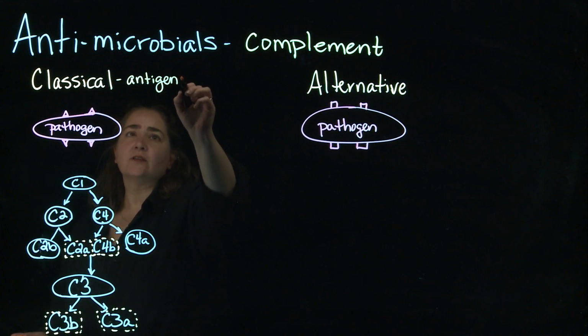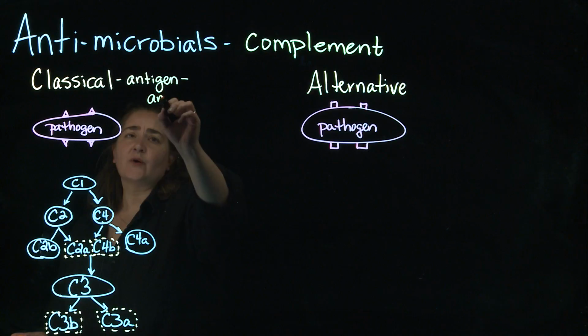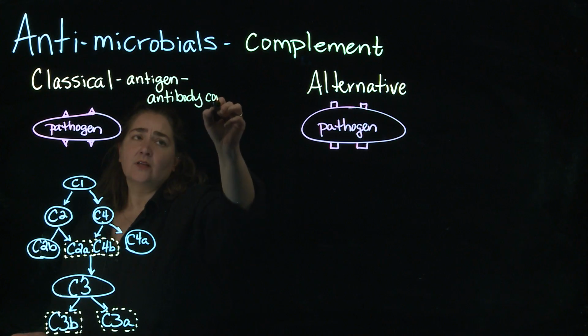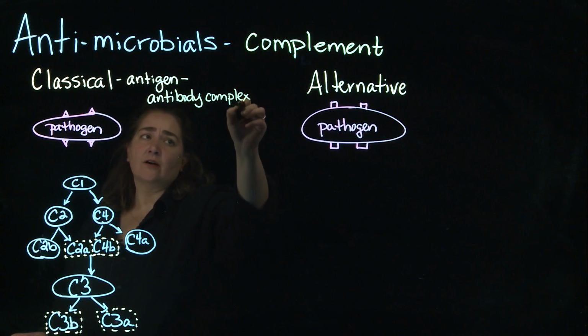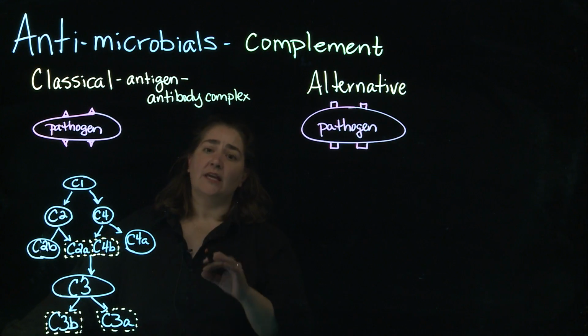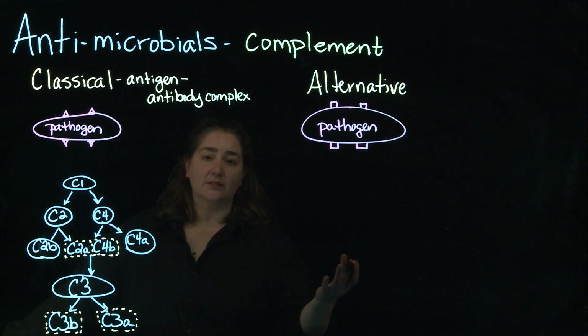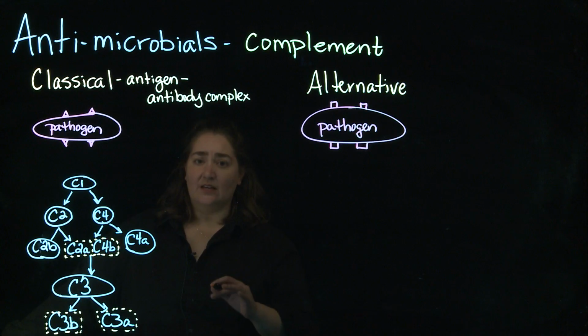this one is going to rely on an antigen-antibody complex. So this is going to be one example of where the innate immune response is going to need something from the acquired immune response. All right, and what that need is are the antibodies.